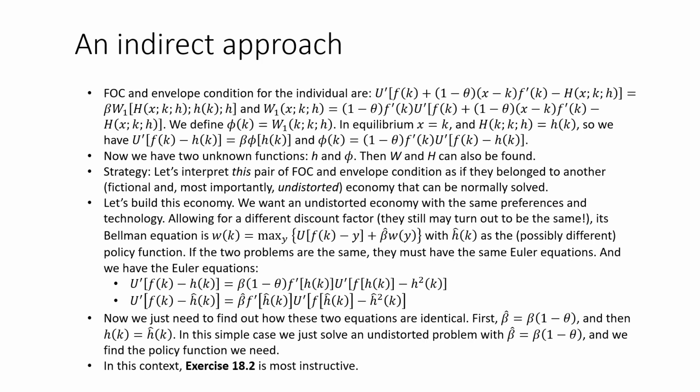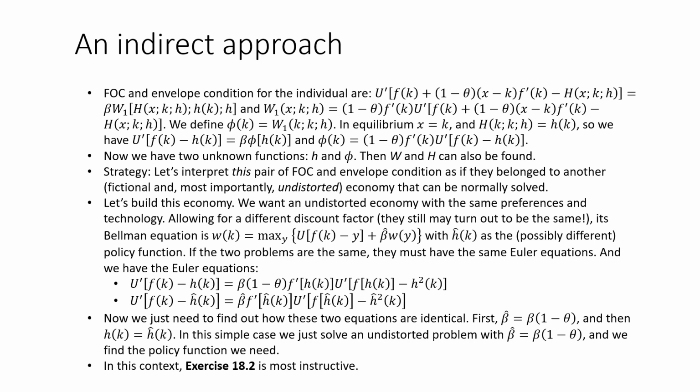So we can identify the two policy functions, and in this case we can just solve the undistorted problem with a modified discount factor, and we can find the policy function of the distorted economy.